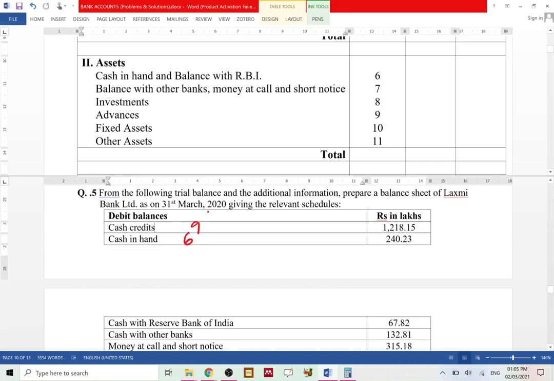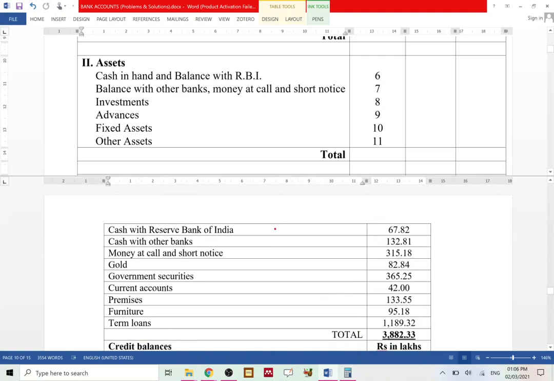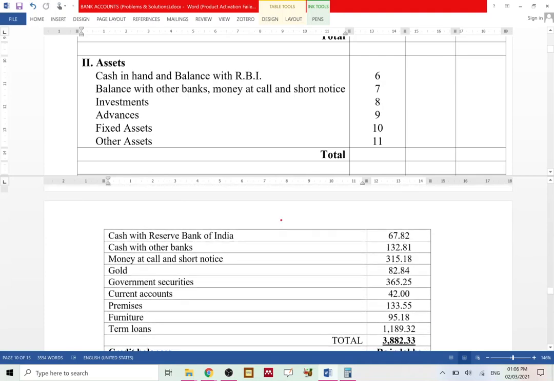The very first item under the assets, cash in hand and balance with RBI. Very good. Next is cash with Reserve Bank. Again, a debit balance under schedule 6, balance with RBI. Cash with other banks, where will that come? 7. It will be under balances with banks, that is schedule 7.